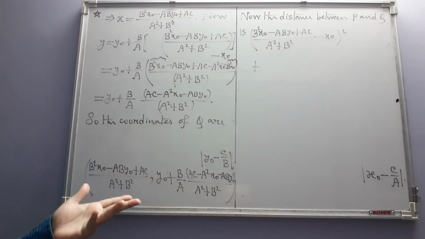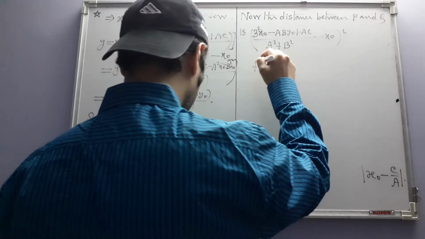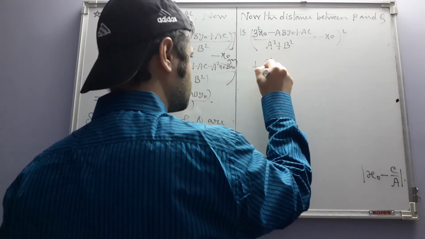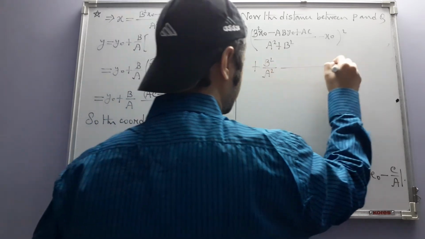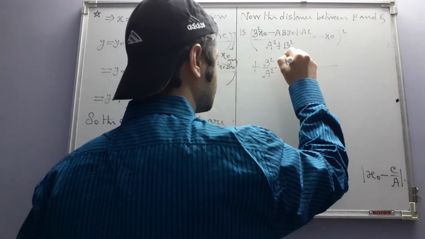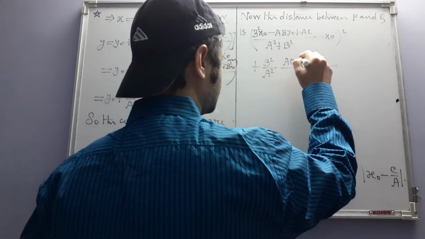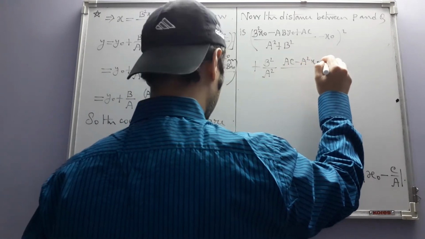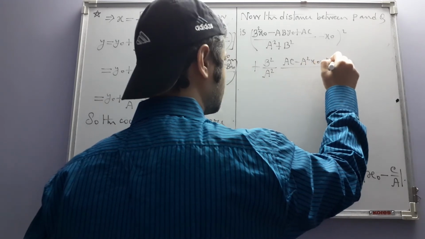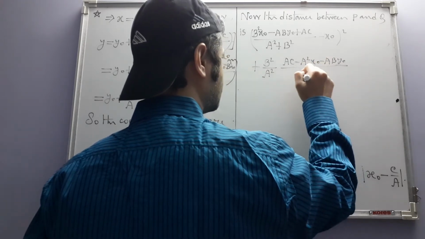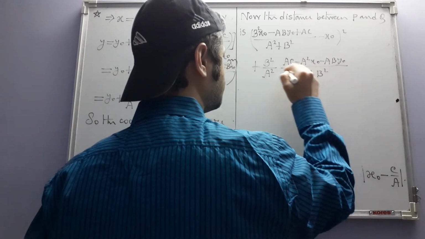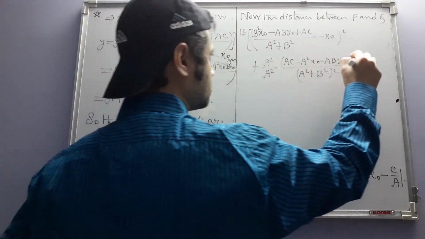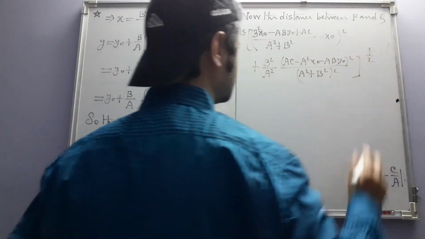So y naught won't remain, and since we are taking squares, we will have b square divided by a square times a c minus a square x naught minus a b y naught divided by this, and square root of this.